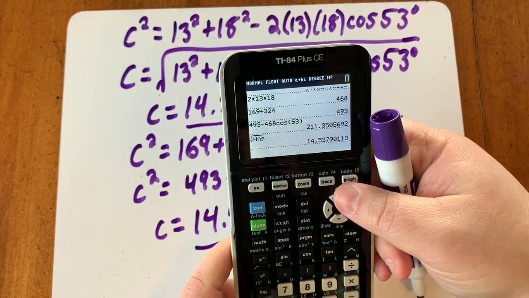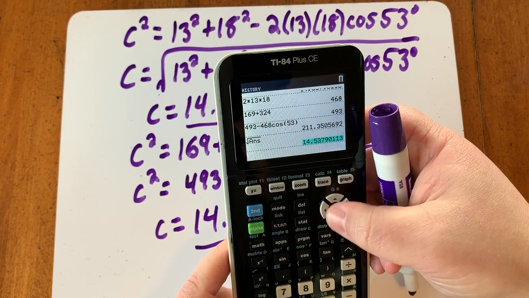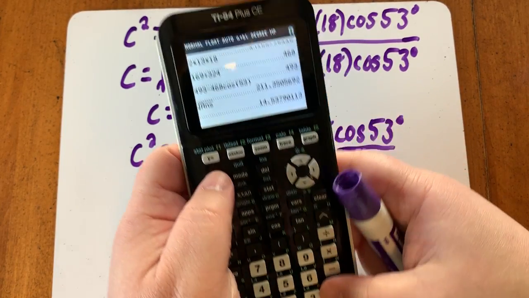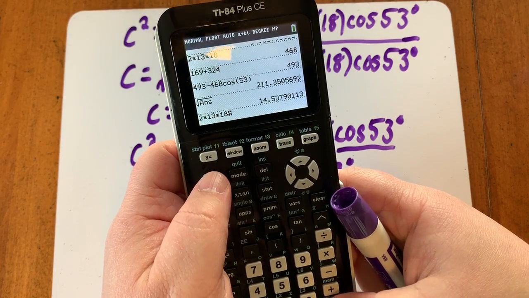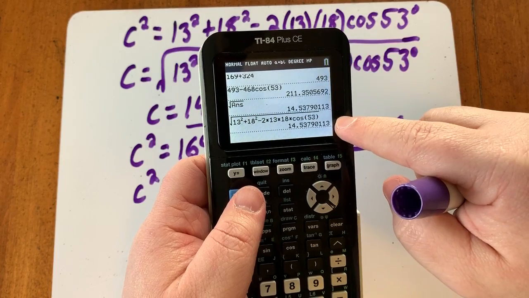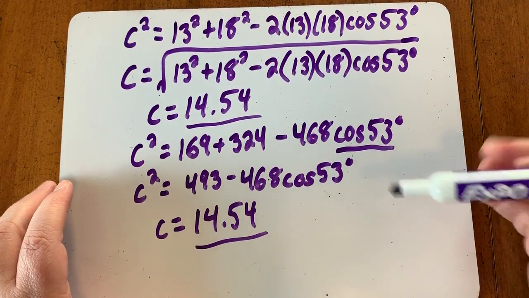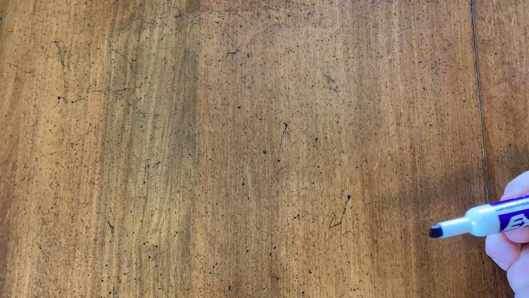The 14.5379 was the same thing we got when we did the whole thing. It's the same exact number. It matches perfectly. All right, so that gives us one side of the triangle, 14.54.